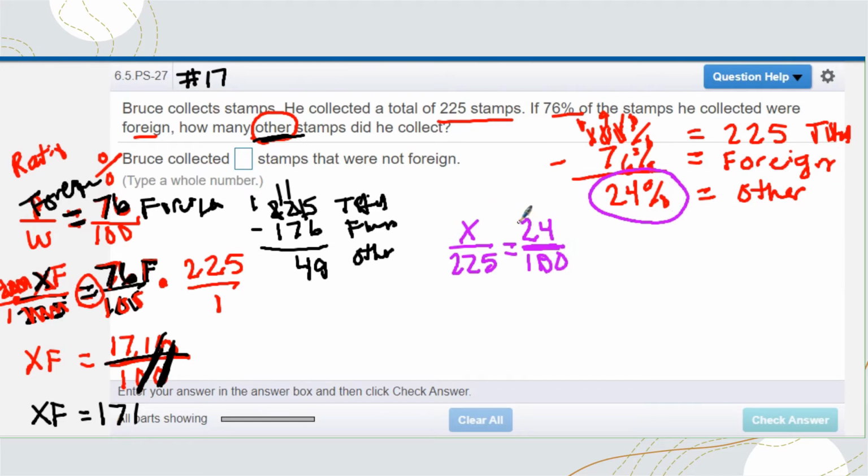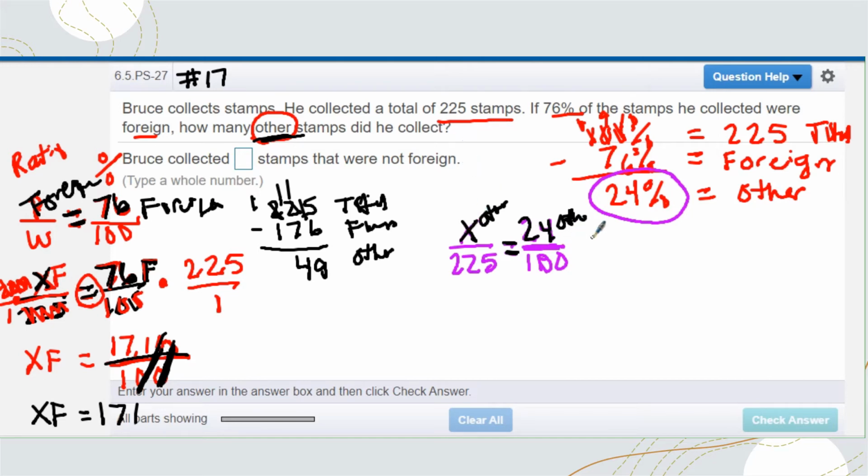So now, since this 24% is represented by the other coins, and in the original equation, the equal sign means that this x is going to be equivalent to the other coins. So whatever the words are on the percentage, if the equal sign is between them, the variable is going to have those words on it.